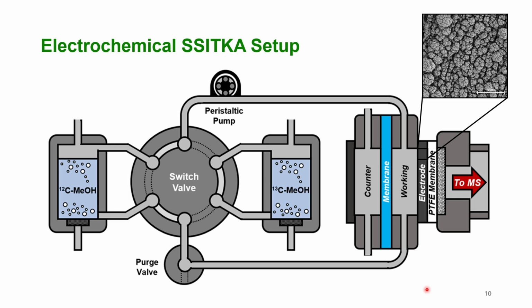We sputter coat, and this is a very high surface area platinum electrode that I will discuss a little bit later. But our electrocatalyst is sputter coated directly onto that prevaporation membrane, which then interfaces our mass spectrometer. And then coupled to this is a reactor setup that enables the rapid switching of electrolyte from something like C12 labeled methanol to something like C13 labeled methanol using a peristaltic pump and a switch valve.